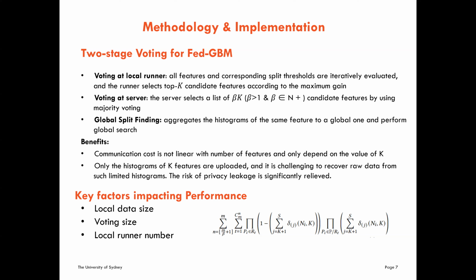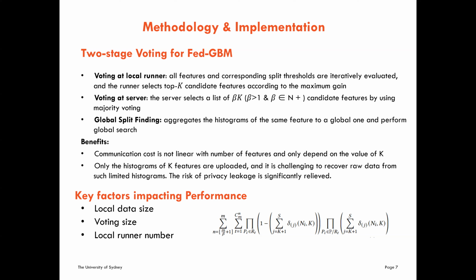And last, once the local runners receive the candidate feature results from the server, they send histograms of the candidate features. The server will aggregate the histograms of the same features into a global one, and then perform the global split voting. By using such a two-stage voting scheme, we have two benefits.